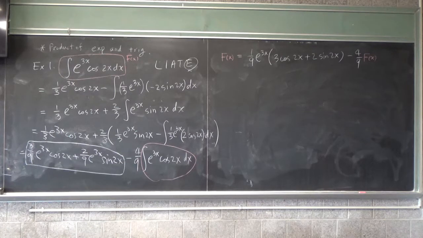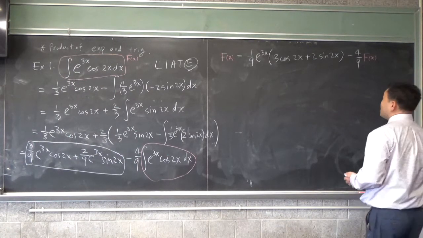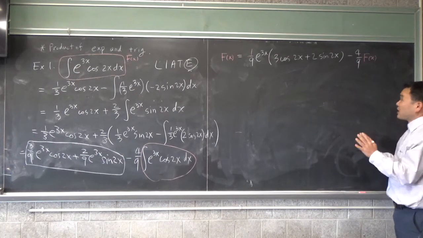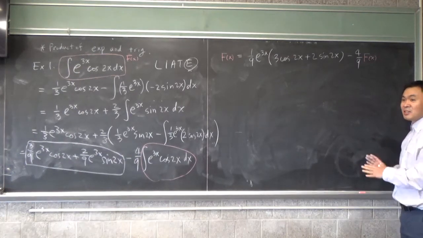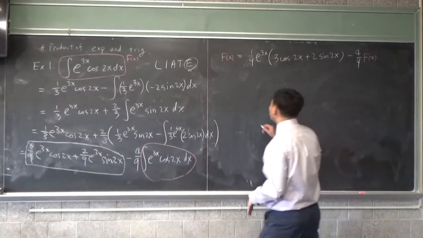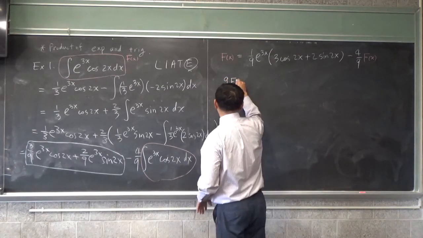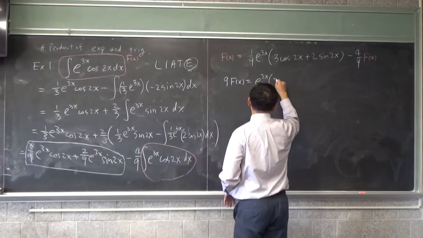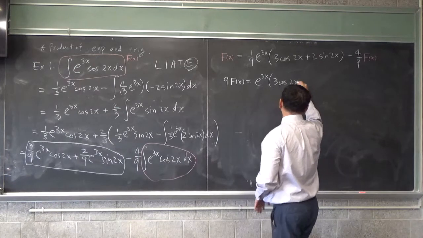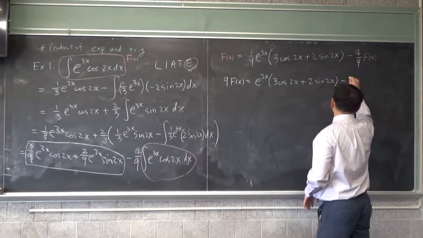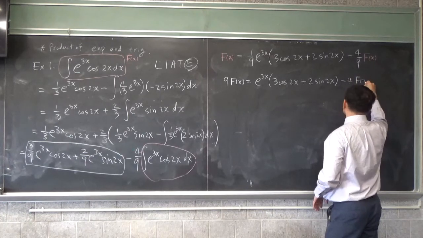So we solve it. Okay, so how do we solve it? Well, I don't like fractions, so let's get rid of the 9 in the denominator. How do you do that? You can multiply everything by 9. So you have 9 F of x equals e to the 3x times 3 cosine 2x plus 2 sine 2x minus 4 F of x.